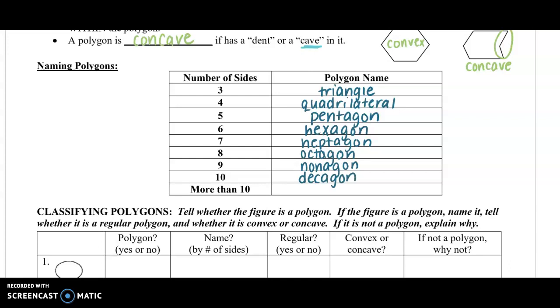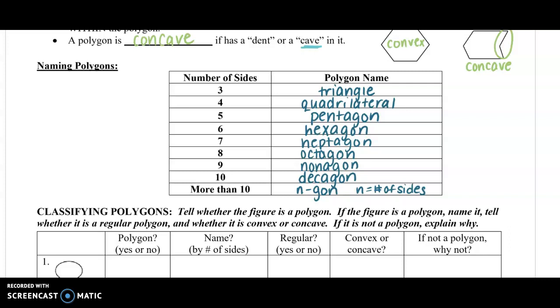And then anything more than 10, we would just say an n-gon, and n is equal to the number of sides. So if it was 11, we would just say 11-gon, 12, 12-gon. There are names for some of them, but that just keeps it easier for us. And we're really not going to be getting into anything bigger than that.